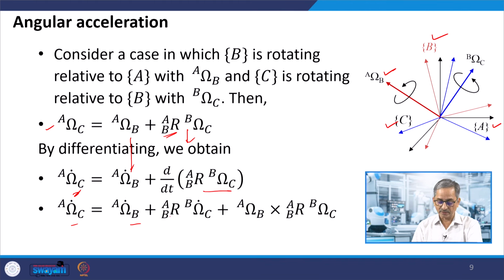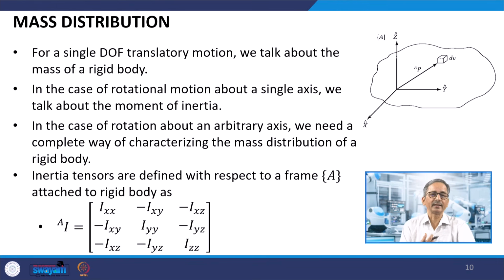It is this vector derivative plus omega cross this vector itself. So, omega B cross this vector itself. This way I can evaluate the angular acceleration. We are going to use these concepts in our next lecture when we see how the Newton-Euler equation works. Next, let us see the mass distribution.